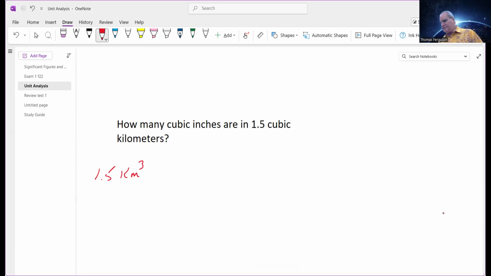Okay, so we need a strategy on how to go to cubic inches. Well, one way is to go kilometers to meters, meters to centimeters, centimeters to inches. Okay, so let's go to meters.